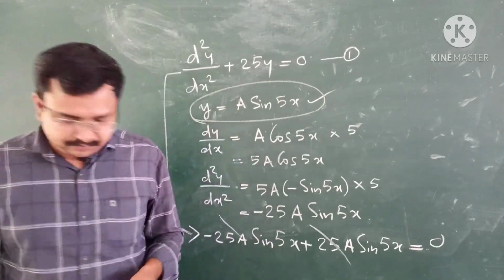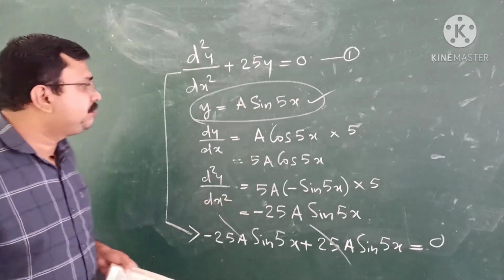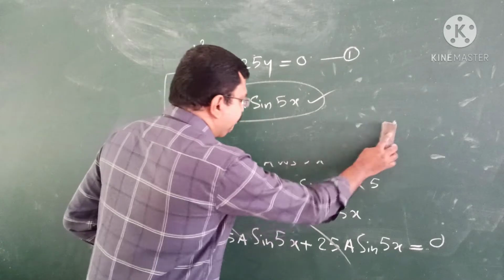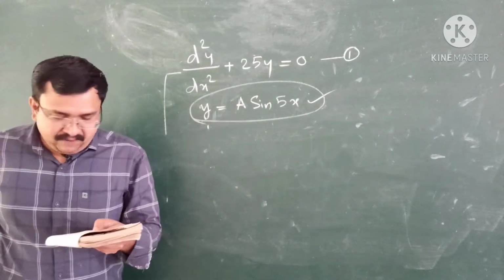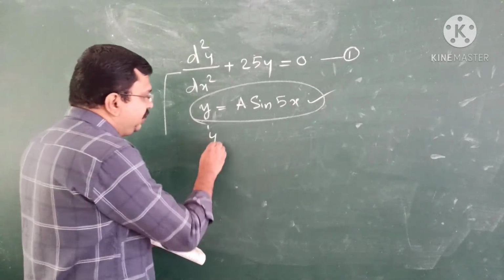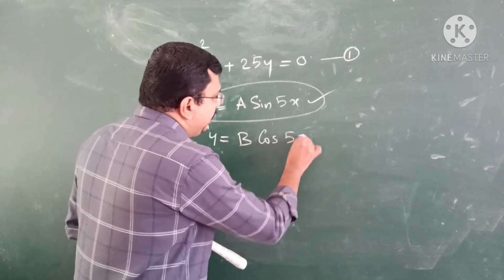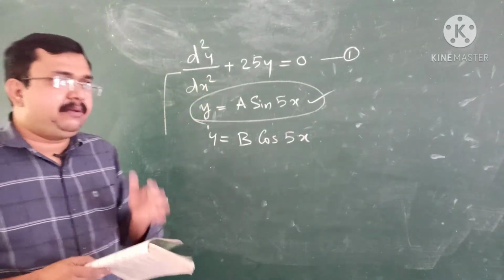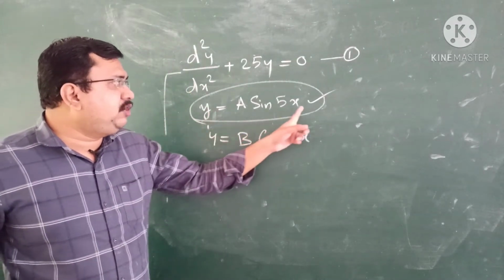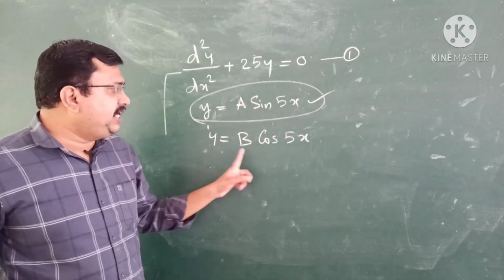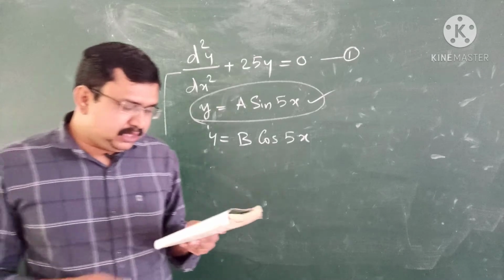Now listen. Here y equal to a sin 5x is a solution. Similarly, y equal to b cos 5x is also a solution, where b is an arbitrary constant. Therefore, remember that y equal to a sin 5x and y equal to b cos 5x both are solutions of this equation.